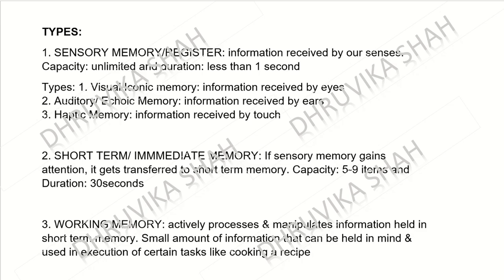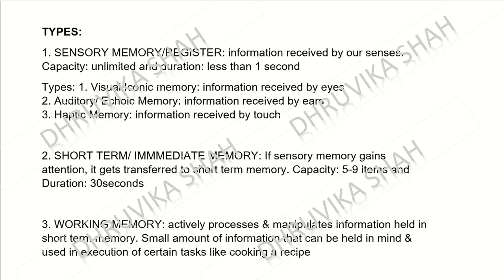If the sensory memory gains attention, it gets transferred to the short term memory, and here the capacity is generally 5 to 9 items, and the duration is only 30 seconds. The working memory is the actively processed one that manipulates information in the short term memory.